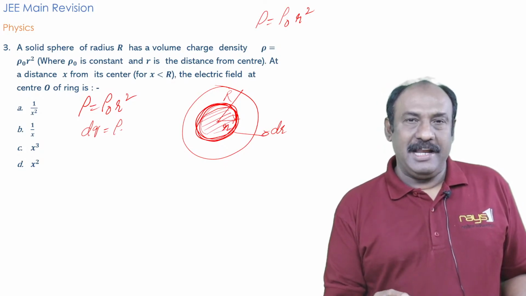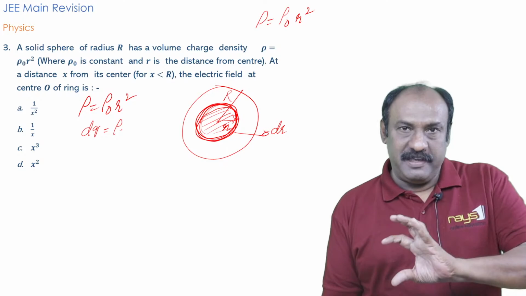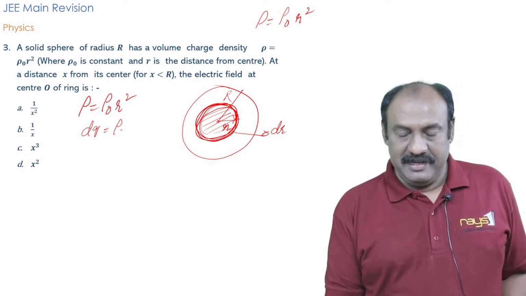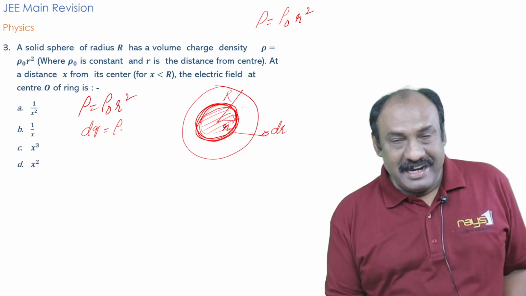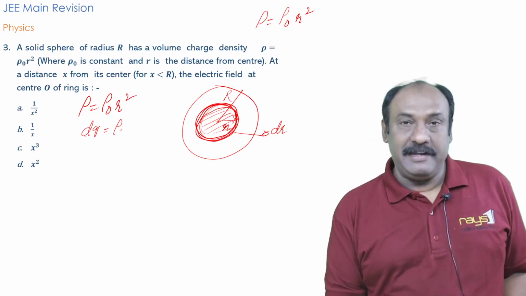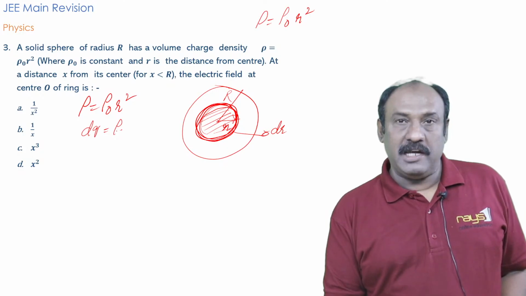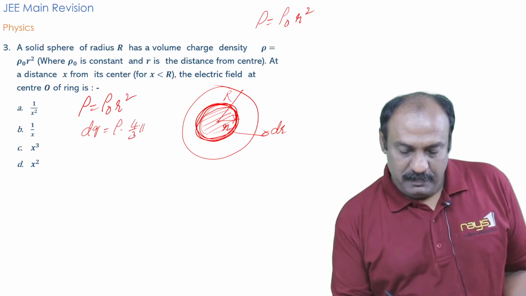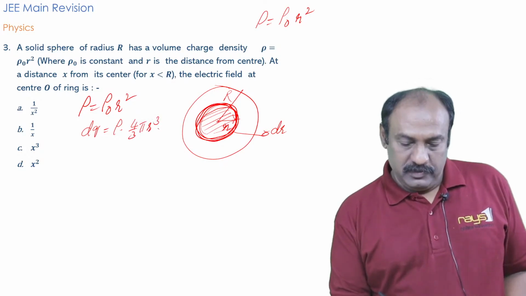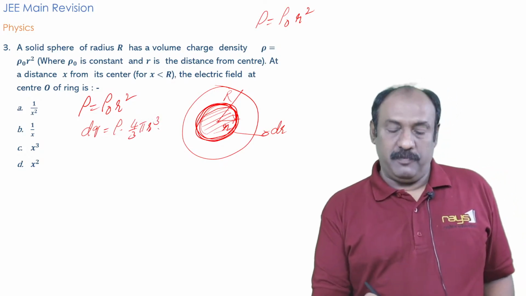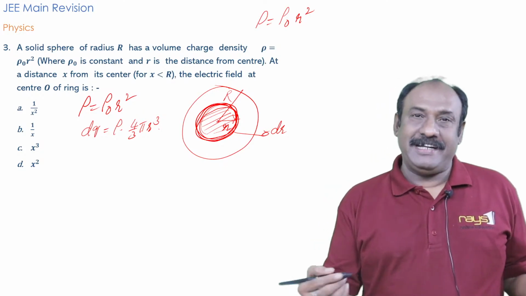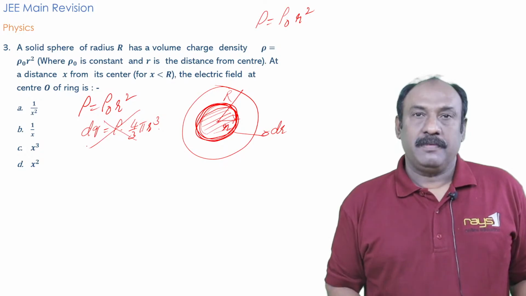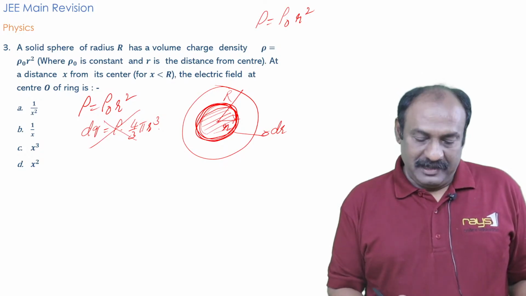So I am going to calculate charge inside of the solid sphere. The outer layer I considered as shell of thickness dr and radius r. The volume of the sphere is 4 by 3 pi r cubed, but if I take it directly, there is no use. For that reason, we have to write it not in this way.